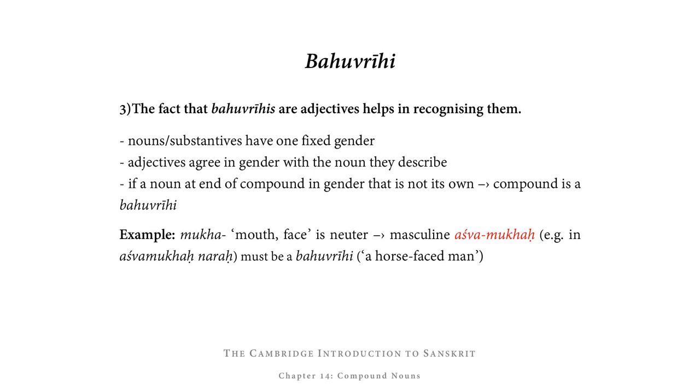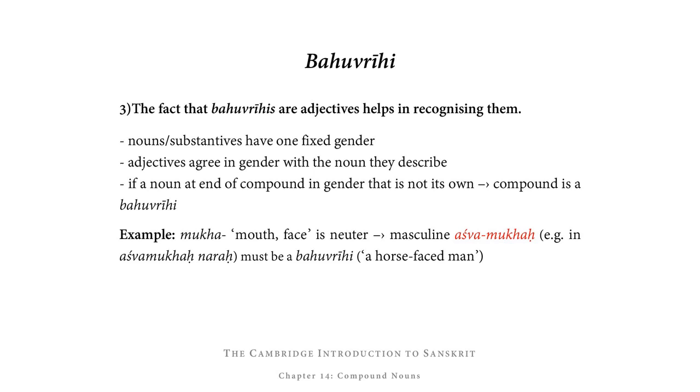Now that sounds a little abstract, so let's look at an example. Mukha, meaning mouth or face, is a noun that is neuter, so the nominative singular of that would be mukham. But if we see a masculine form ashwa-mukhah, where we find this form all of a sudden appearing with a masculine ending, we can tell from the fact that all of a sudden it has changed its gender that the compound that we're looking at as a whole has to be an adjective, i.e. a form that can change its gender, masculine, feminine, and neuter, and therefore that the compound we're looking at is a Bahuvrihi.